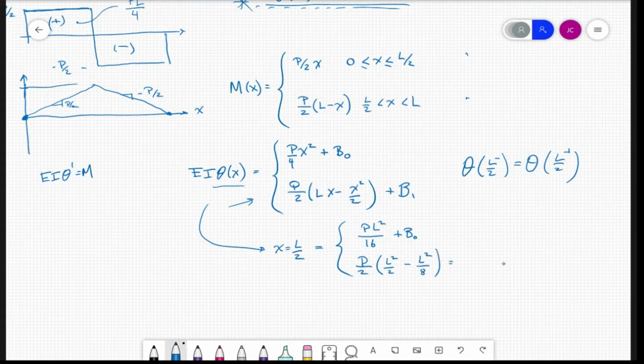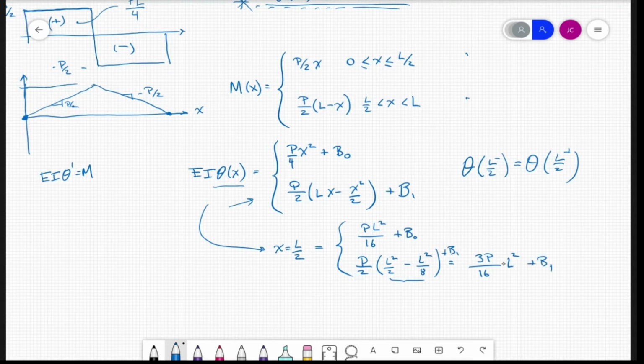And that's equal to 4L squared on 8, so 3/8 L squared, so 3PL squared over 16. I'm sorry, I forgot the plus B1, correct?